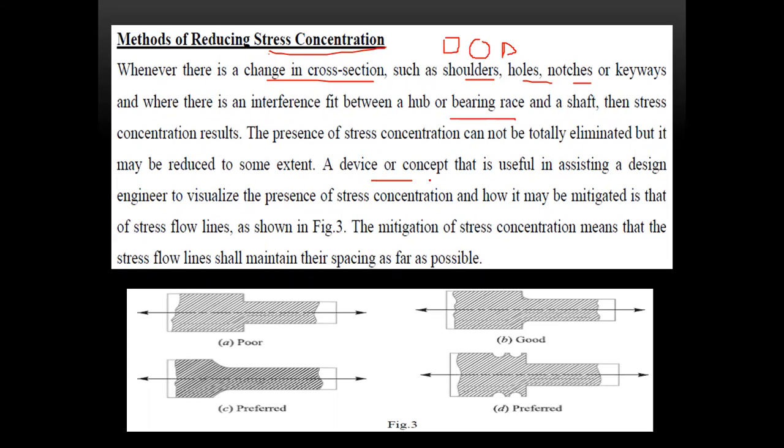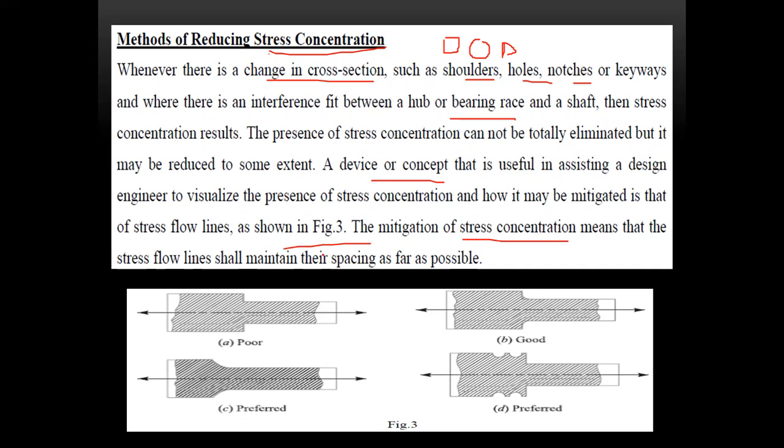So a concept that is useful to a design engineer for mitigating it is the stress flow. In mitigating stress concentration, the stress flow lines shall maintain their spacing as far as possible.